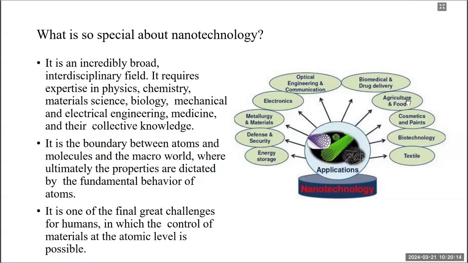That's why people are using these nano fertilizers in agriculture. Also, food is sometimes processed using nanotechnology, so you can even store the food for more days. Then there are cosmetics and paints, which use nanotechnology, and then biotechnology, and of course textile.